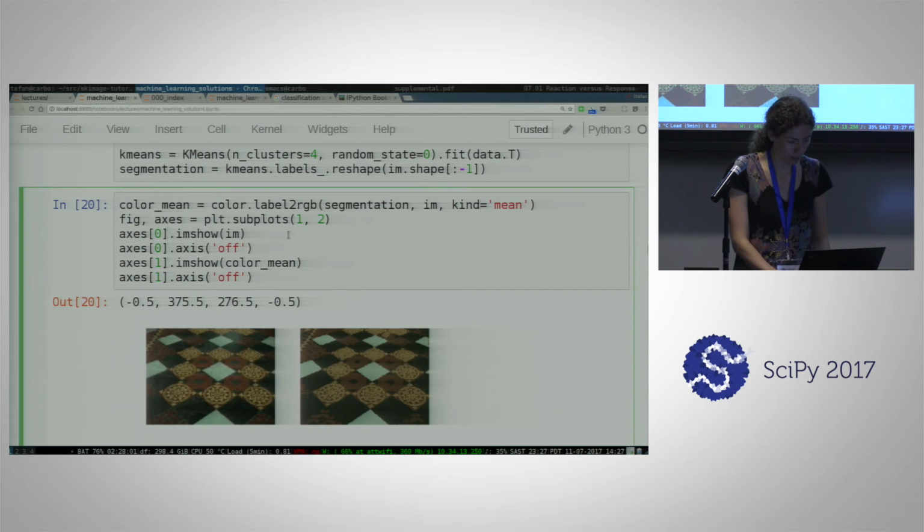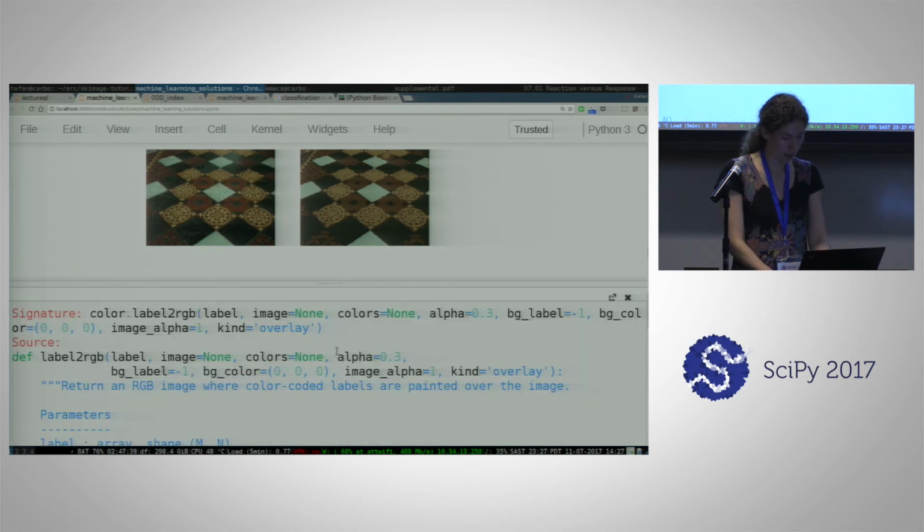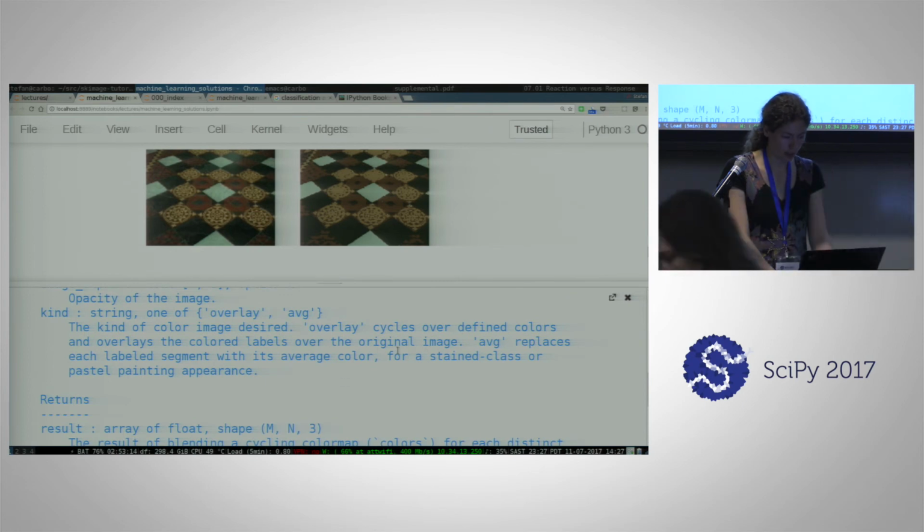So maybe it will be clearer if I just look at the docstring of this function. So remember, question mark, return an RGB image where color-coded labels are painted over images, but if we used kind equals average, it replaces each labeled segment with its average color.